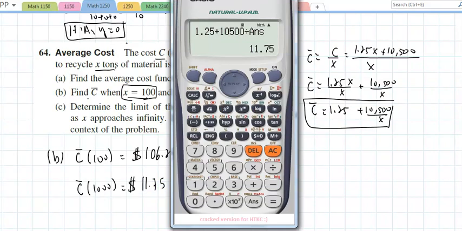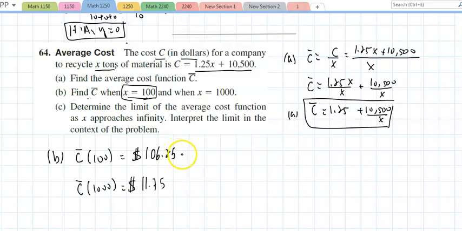Something's not right. Let me take 100. Oh, yeah. That's because I didn't put units. See? $106.